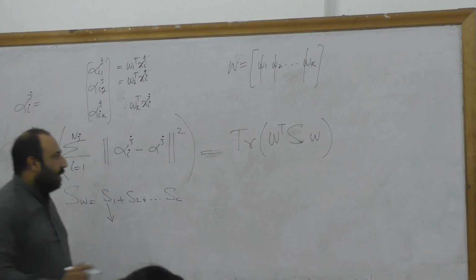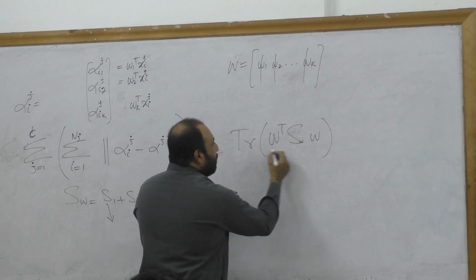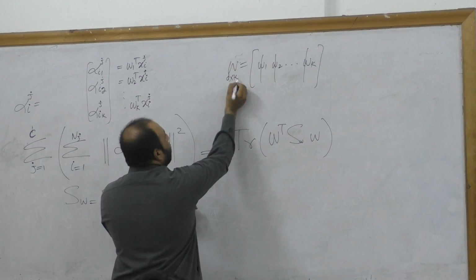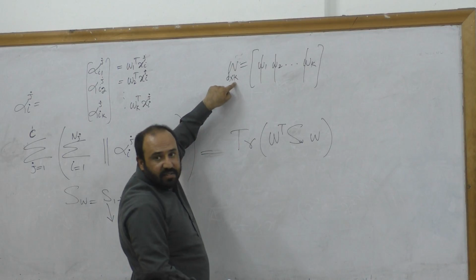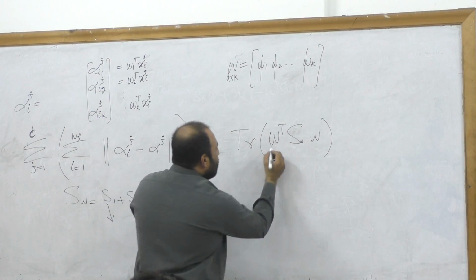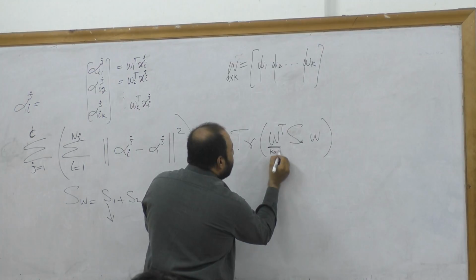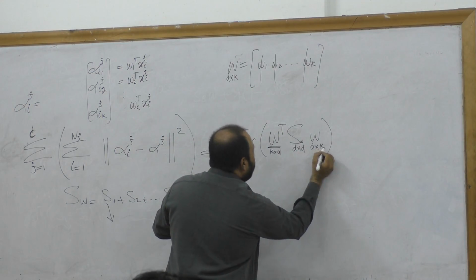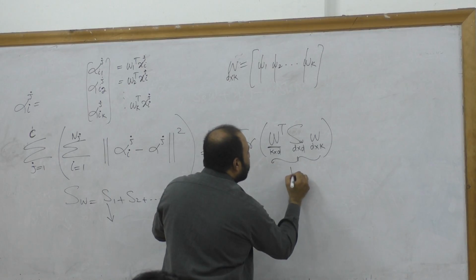By the way, this W is D by K because we have K basis vectors, each with D dimensions. So W transpose is K by D, SW is D by D, and W is D by K. So the inside is a matrix K by K.